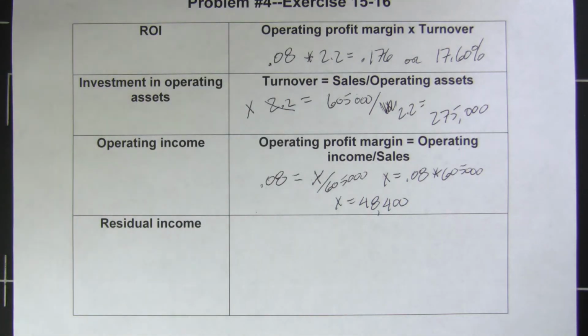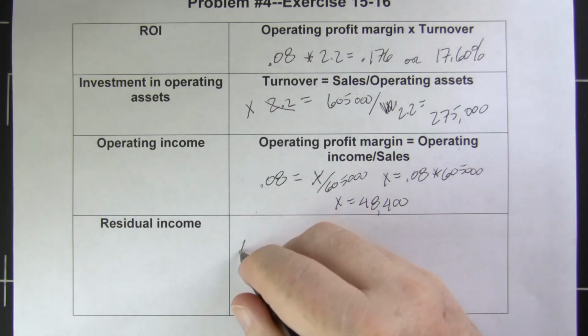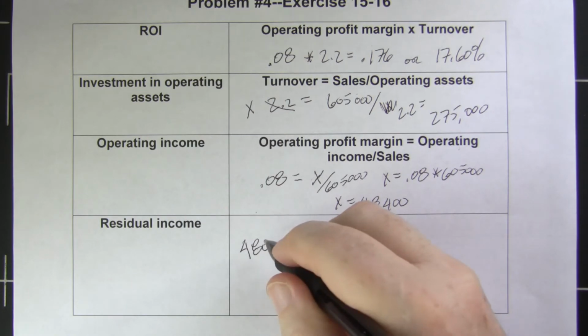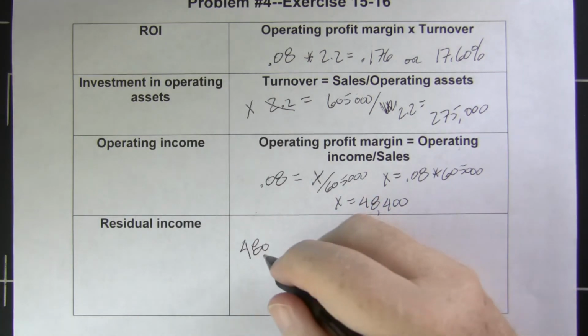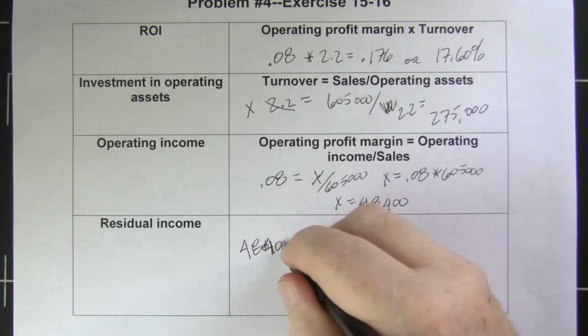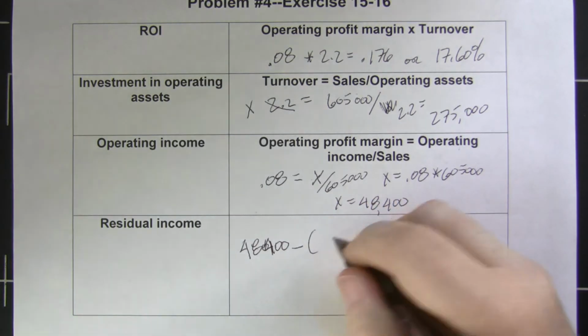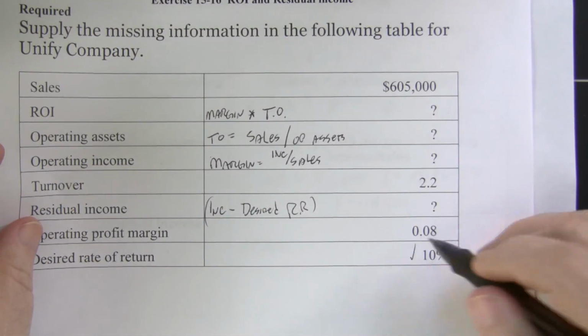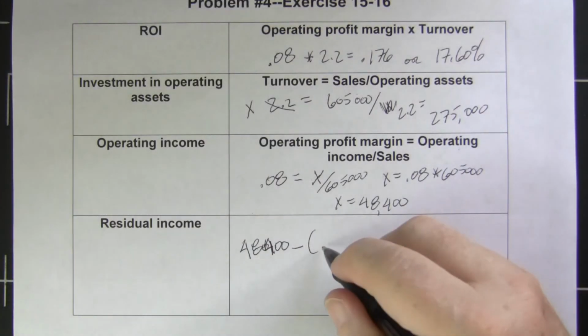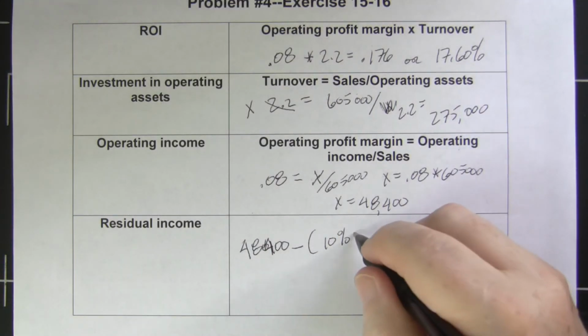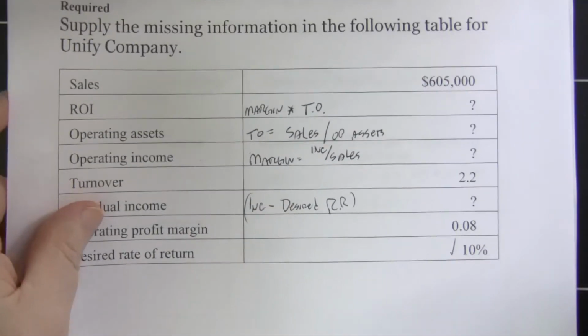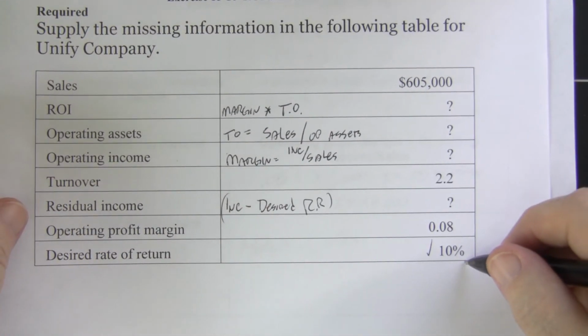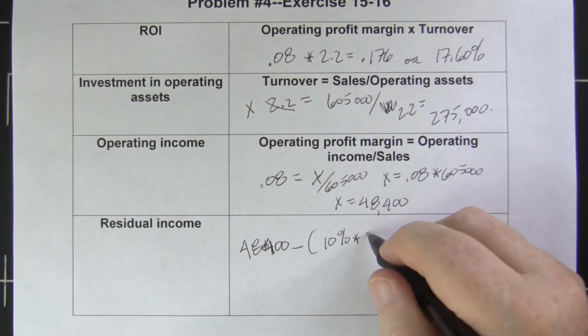Now, our residual income is what we actually earned, 48,400, minus our desired rate of return, which is 10%, times our average operating assets, 275.